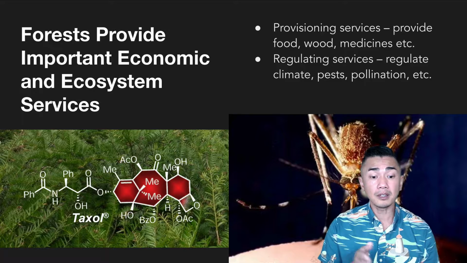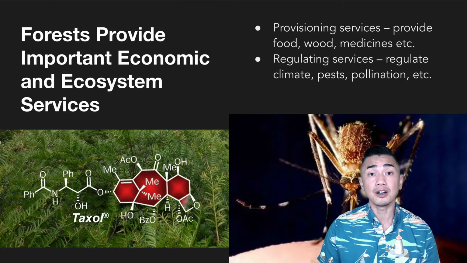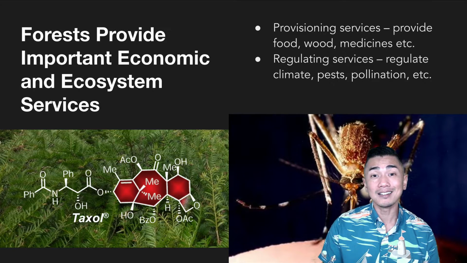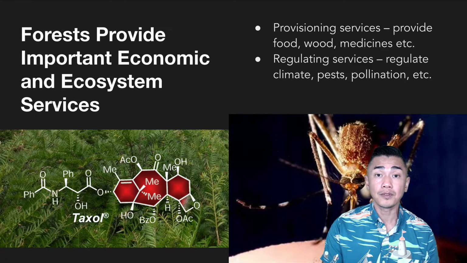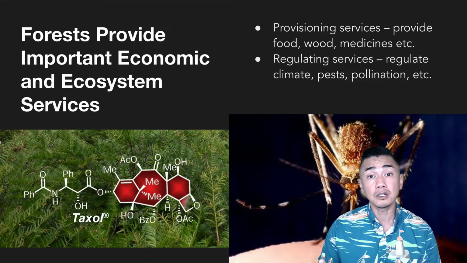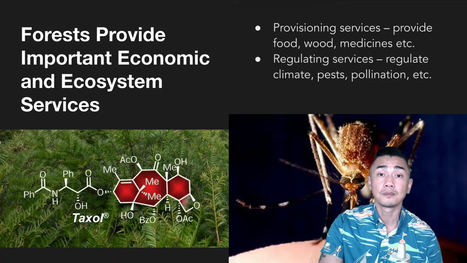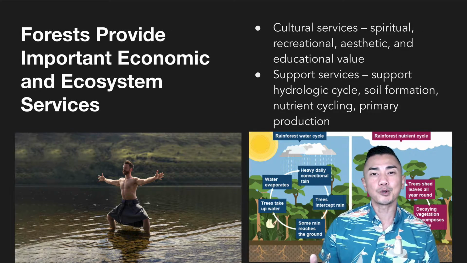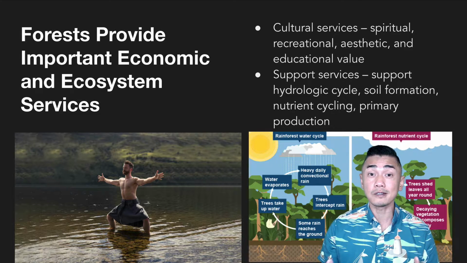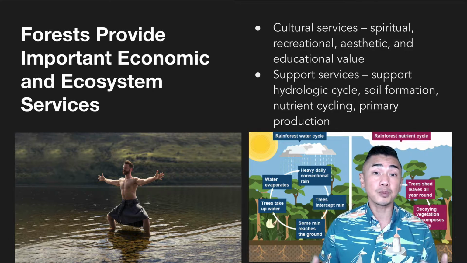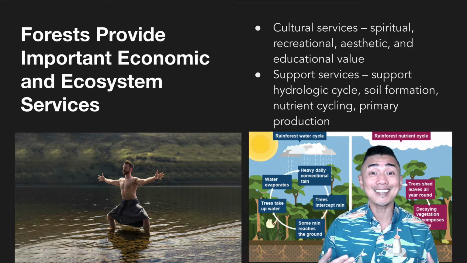In the photo on the left, it shows the chemical structure of Taxol, a medicine used to treat cancer derived from the Pacific yew tree. On the right, there's a mosquito, and forests can help support the predators that feed on pests like mosquitoes. Cultural services are the non-material benefits provided by an ecosystem, and forests provide spiritual, recreational, aesthetic, and educational value.